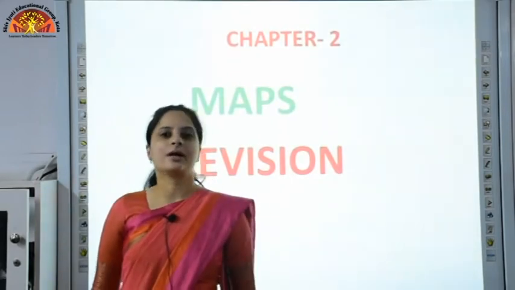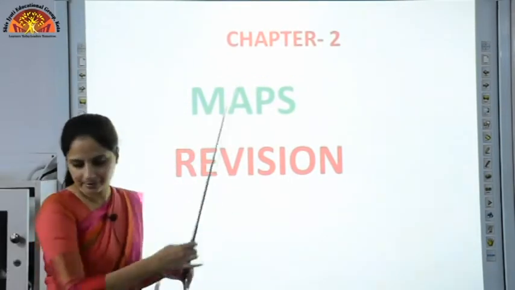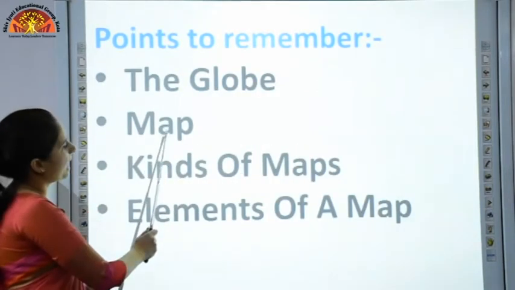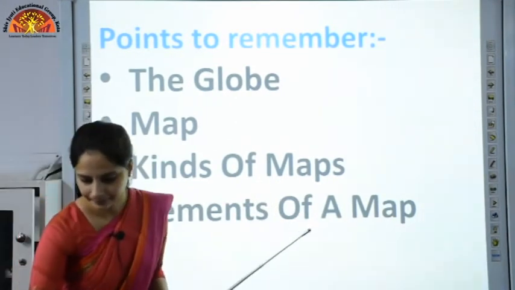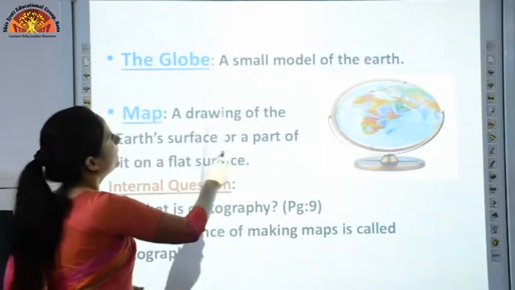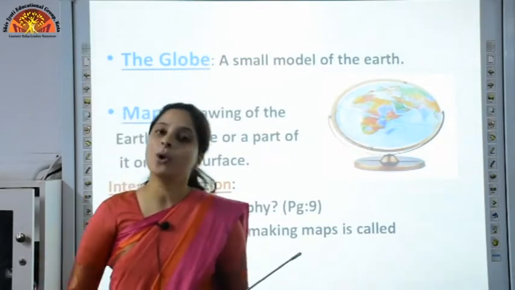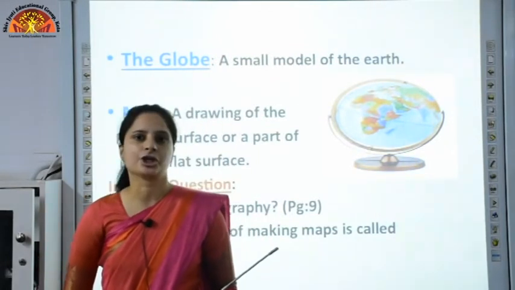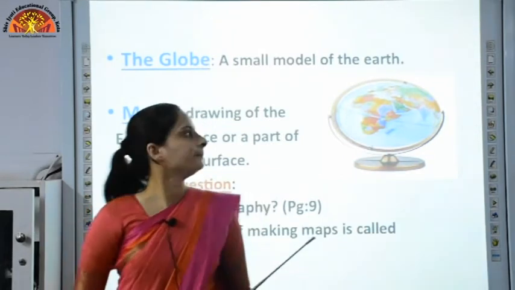Now we are going to cover important topics of chapter number 2, that is maps. The globe, map, kinds of maps, elements of a map. Children, as we discussed in the earlier chapter, globe, it's a small model of the earth and it is also the most accurate way of looking at the shape, size and location of places, but it has some shortcomings as well.